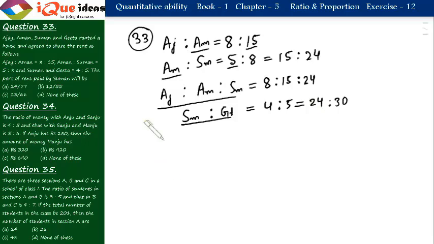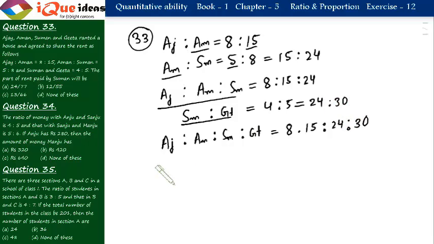Alright, so now we have the final combined ratio of Ajay is to Aman is to Suman is to Geeta, and that is equal to 8 is to 15 is to 24 is to 30. This is the combined ratio of these 4 people for the rent.